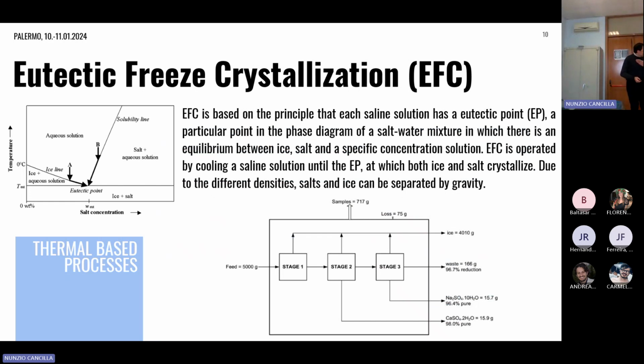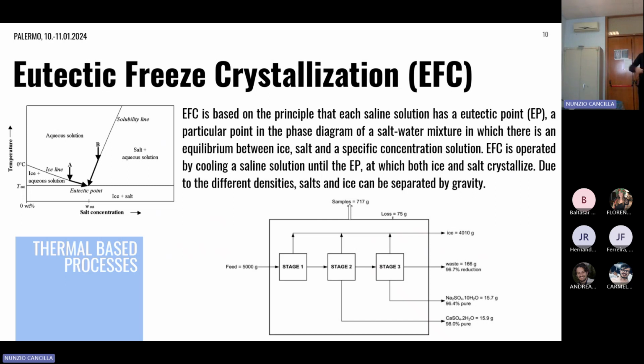Interestingly, just to mention the eutectic freeze crystallization, this is based on the principle that each saline solution has a so-called eutectic point, a particular point in the phase diagram where there is an equilibrium between ice, salt, and the specific concentration solution.